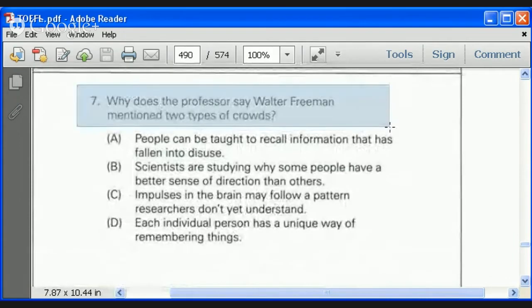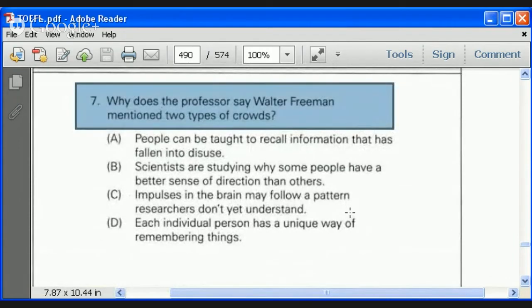Next question. Why does the professor say Walter Freeman mentioned two types of crowds? Before the professor got into speaking about the process 1, 2, 3, the lecturer mentioned that the physiology would not be discussed, but he briefly introduced as an example what it looks like.